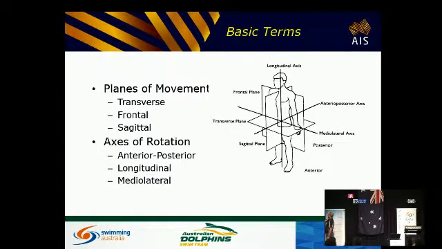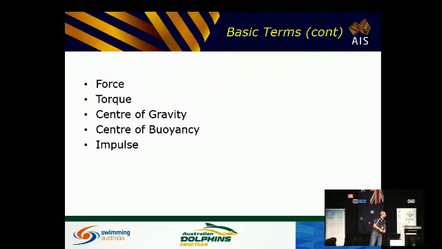So you've got the anterior, posterior, longitudinal, so that's our long axis, freestyle, backstroke, and then medial lateral right through your axis, hip flexion extension, that's how we get the butterfly, backstroke, short axis stroke.